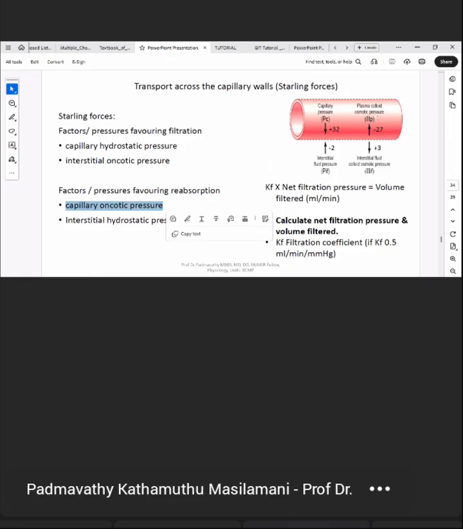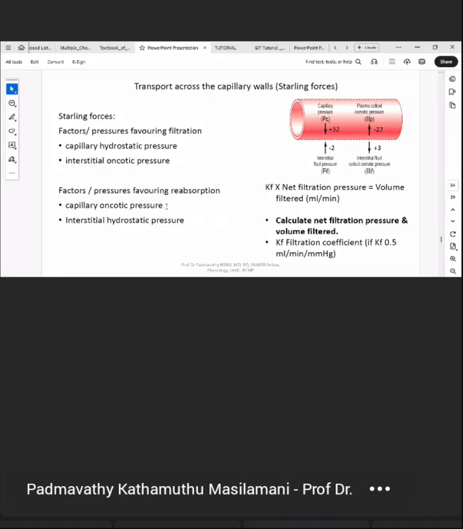So what determines the oncotic pressure in the capillary? Correct. Plasma protein. So plasma protein is the one that determines the oncotic pressure.